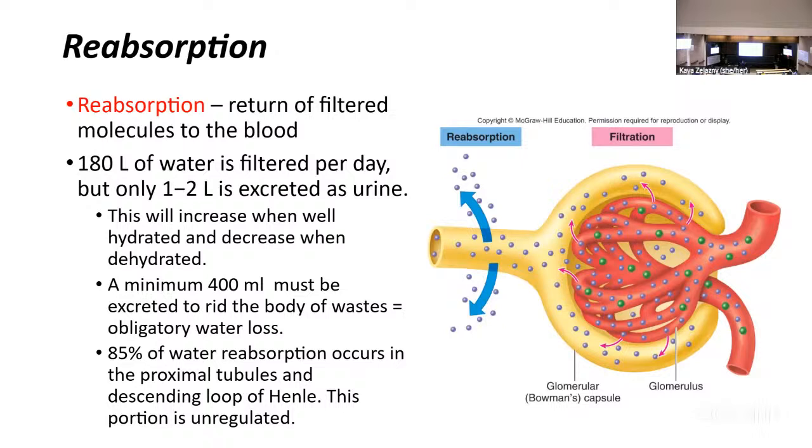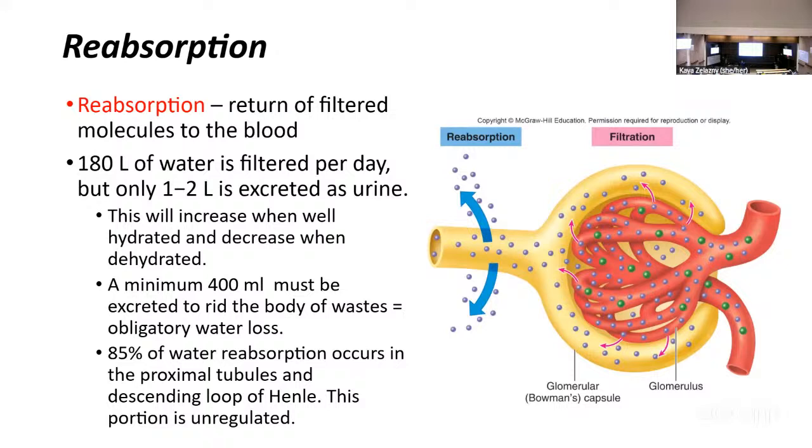It's one of our two types of extracellular fluid. We have a high glomerular filtration rate and high glomerular filtration pressure. We take 180 liters of water into those kidneys per day, but we're only excreting a liter or two out as urine at the end.